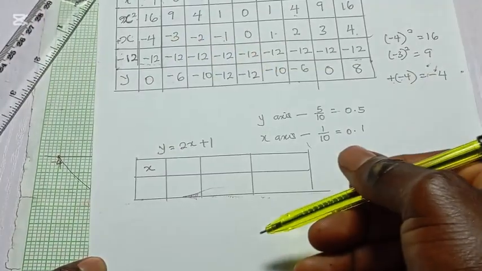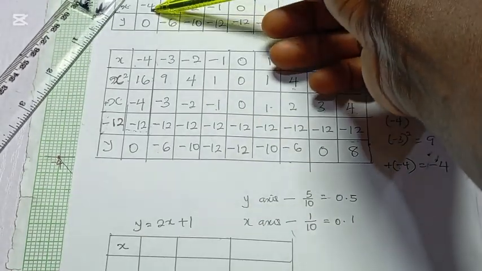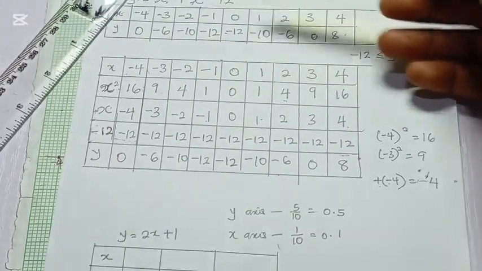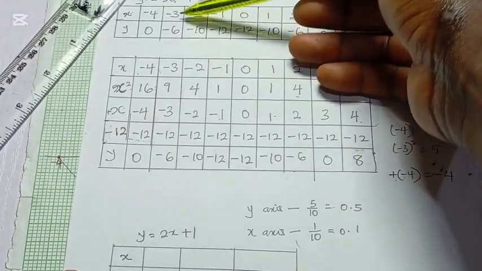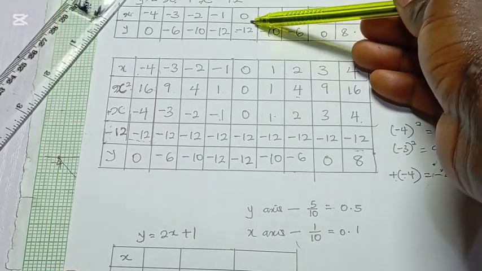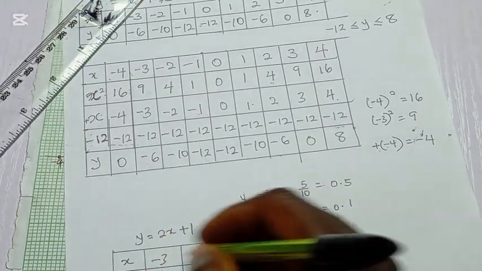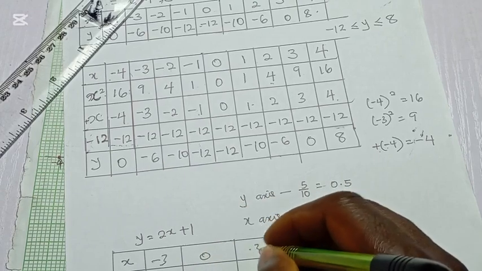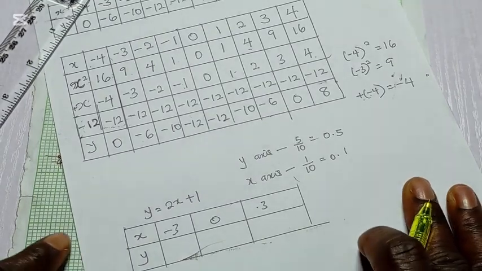So I'm going to pick the values of x randomly. So you can see that we have minus 4, we have 0. So I'm going to pick minus 4, 0, and 4. Or you can try to take minus 3, 0, and 3. I guess I should work with that. So that's minus 3, 0, and 3. And this will be the value of y.